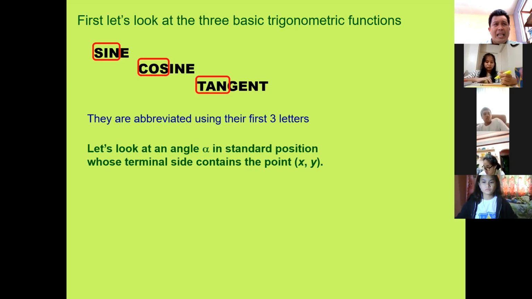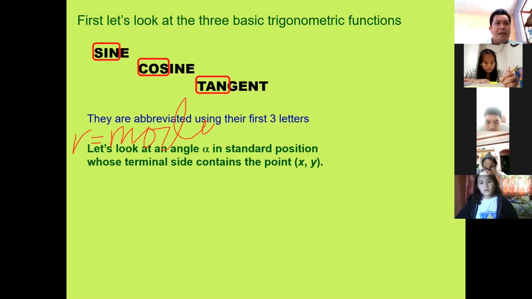But before that, let's try to know how to find the value of r. In trigonometry class, r is termed the modulus of a point. Again, in trigonometry, r is going to represent the modulus of a point.